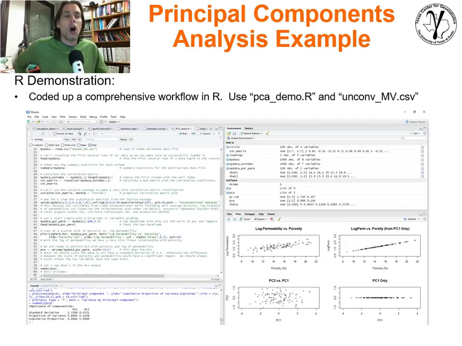Now, the R workflow that I've shown within this lecture is available to you if you're interested. It's pca_demo.r. There's also a markdown version of the file, and they should be available to you on GitHub, along with the data set that I worked with here, which is an unconventional multivariate, comma delimited file.